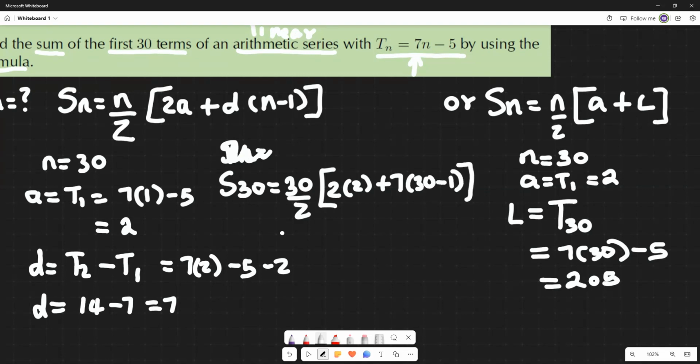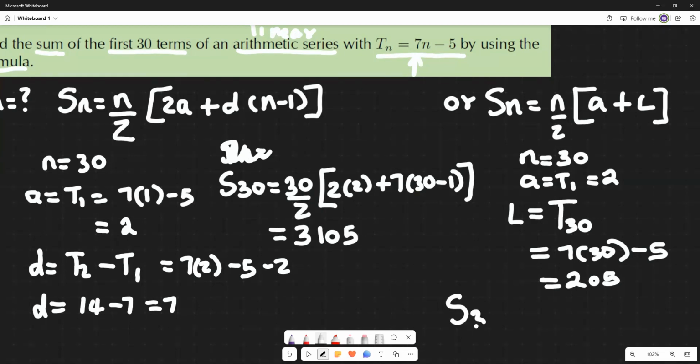Then I close the bracket. Let's press that on a calculator: 30 over 2, then open a bracket, 2 in bracket, 2 close, plus 7 in bracket 30 minus 1 close. This gives us 3,105.